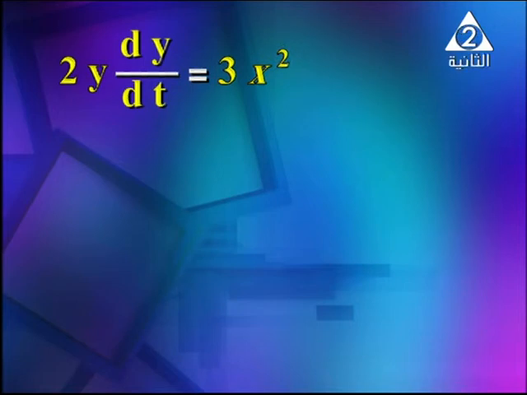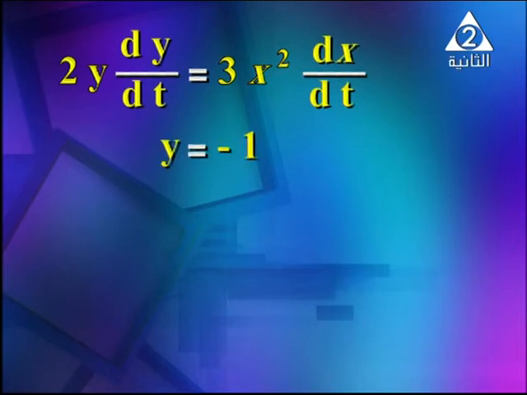Look at, my dear student, we have 2y dy over dt equals 3x squared dx over dt, by using the first derivative of the left hand side and right hand side of the first equation, y squared equals x to the power 3. Then when y equals negative 1, by substitution we find the value of x equals 1.